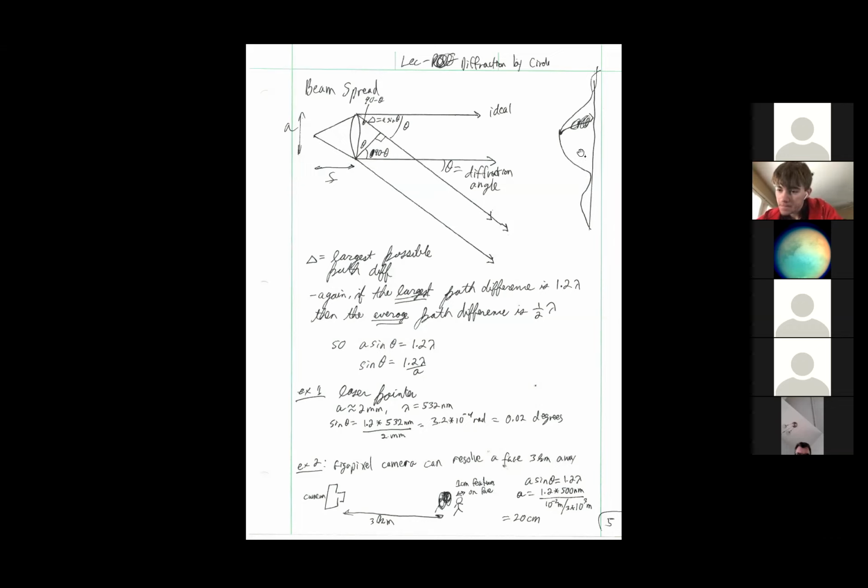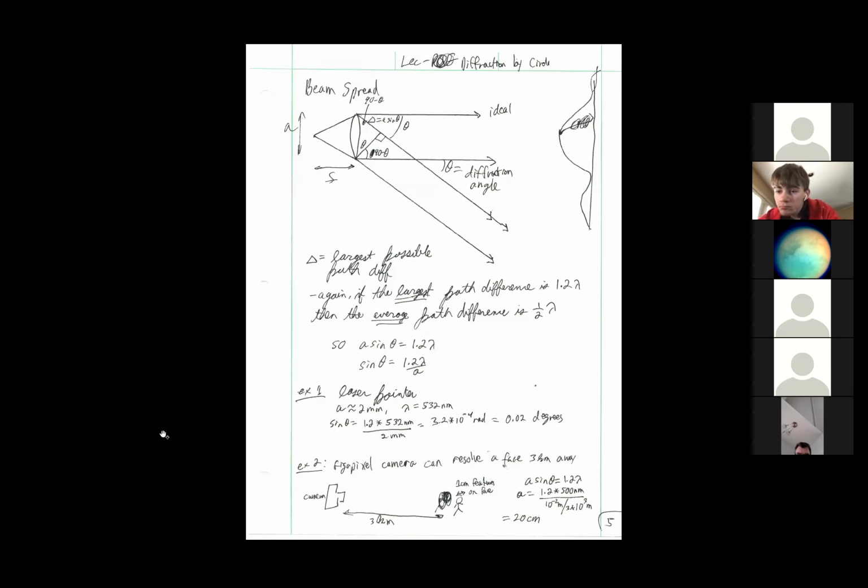So we could treat light from that pixel as spreading out over this. And if light can go one way, light can go the other way. So light over this range could be focused down to 1 pixel. So in order to see a detail, the two details would have to be spread out from each other by an angle larger than the arc sine of 1.2 lambda over A.